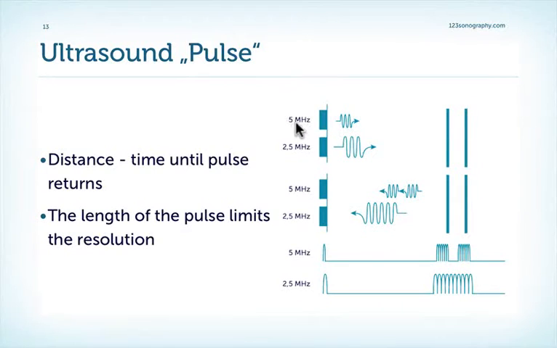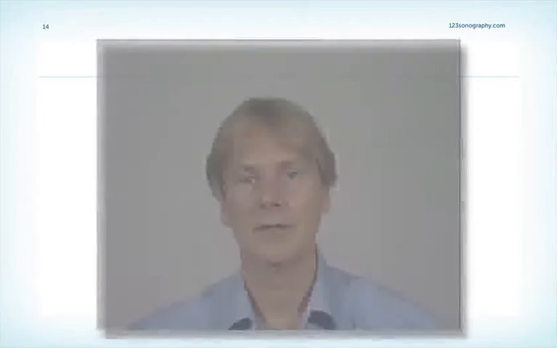This again explains why we have a better image resolution if we have high frequencies. And remember, the shorter the intervals between the pulses is, the more rapidly we can fire one beam after the other, and therefore we also enhance the lateral resolution. So you can already see that there's a very strong interplay between many different factors in ultrasound. The pulse width, the pulse frequency, the imaging frequency, the lateral resolution, the resolution altogether, and also, of course, the frame rate.